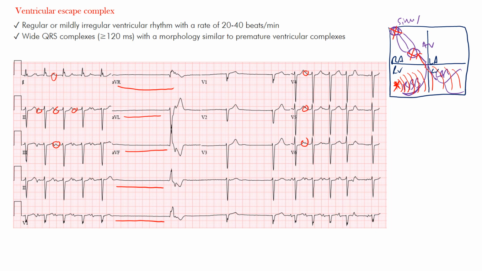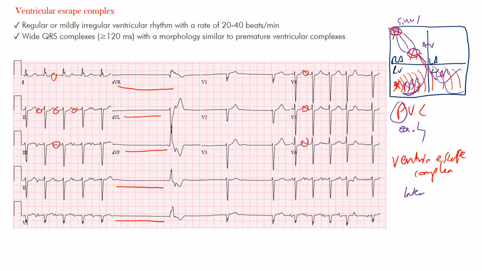But that's pretty much what's going on here. And it's almost like a PVC, but the difference between a PVC and a ventricular escape beat or complex is that the PVC, where the P stands for premature ventricular complex, comes early. This comes later, okay?